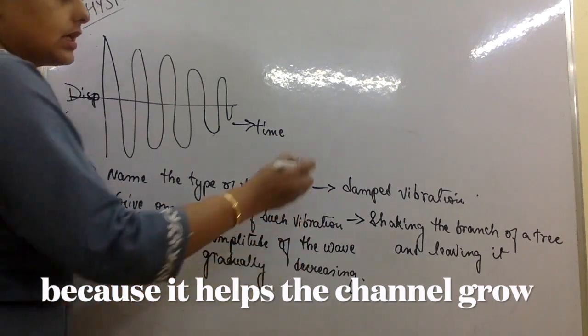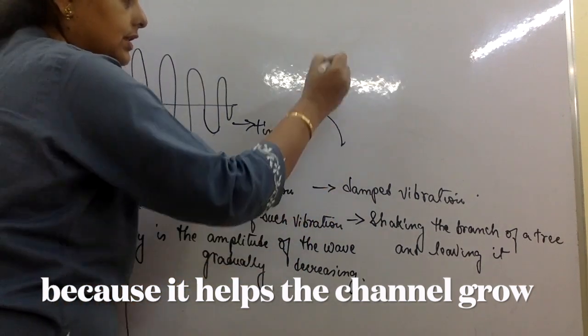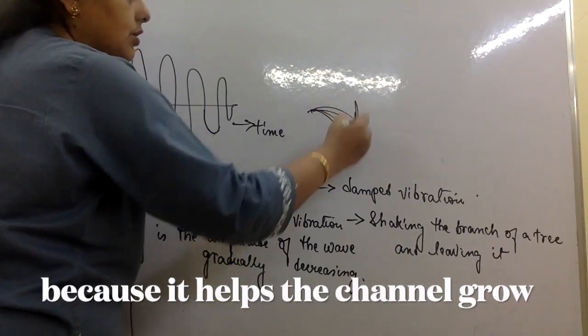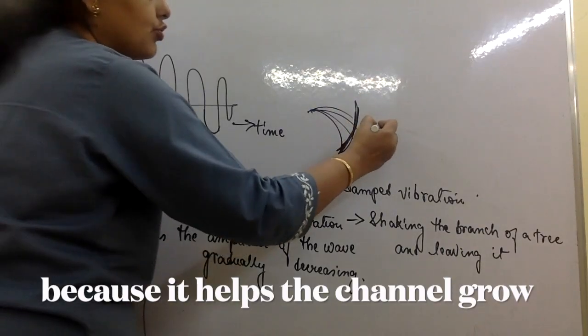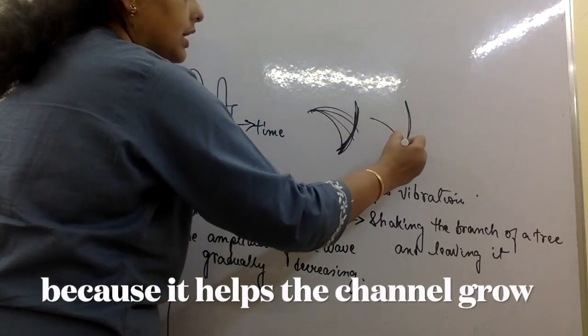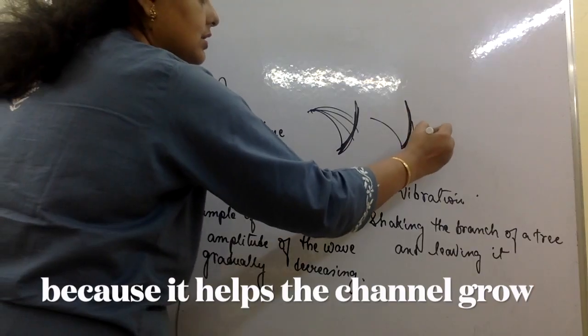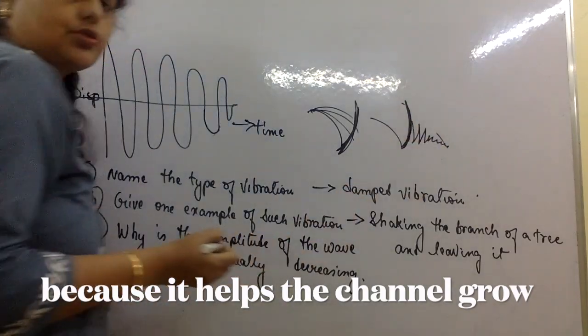What happens is you pull the branch like this and then leave it. Now the branch goes like this, it keeps on moving like this. First it moves this much, okay, and then slowly it moves this much, and slowly it comes to a stop.